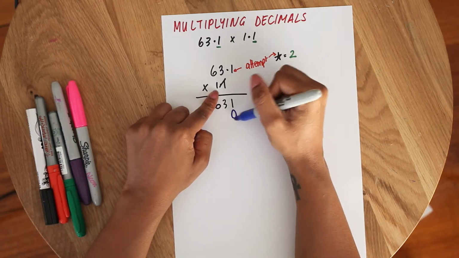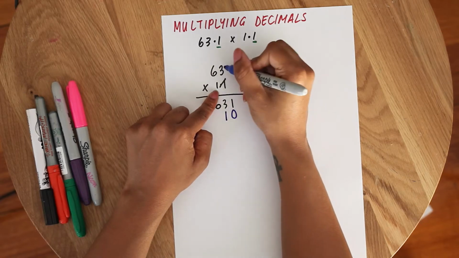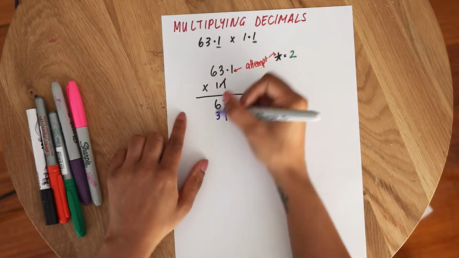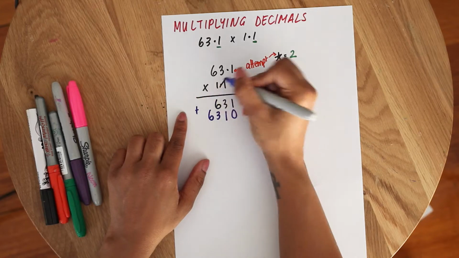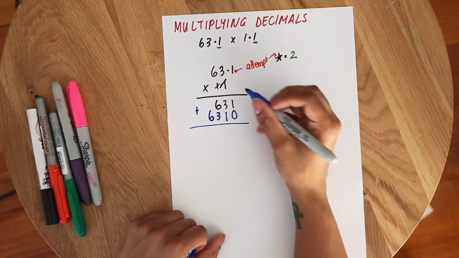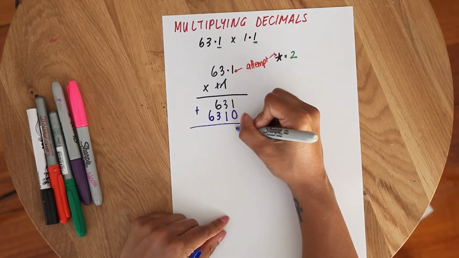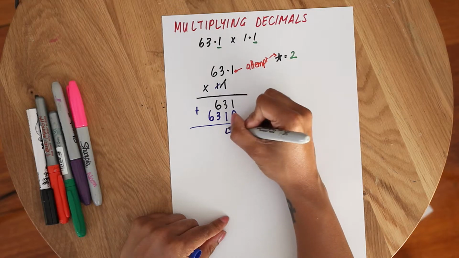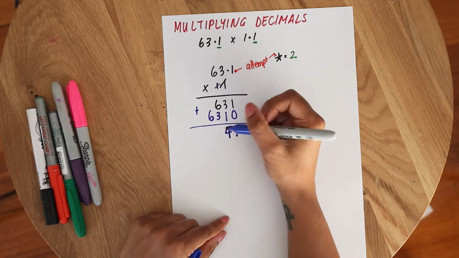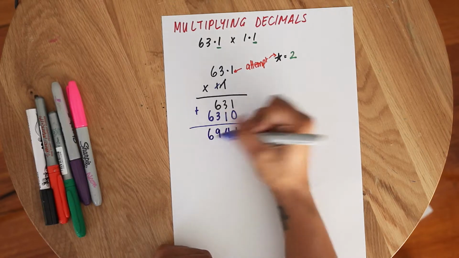So 1 times 1 is 1, 1 times 3 is 3, and 1 times 6 is 6. And then we're done with that one as well. Now we're going to add just like a regular multiplication sum. So 1 plus 0 is 1, 3 plus 1 is 4, 6 plus 3 is 9, and then we've just got 6 here.